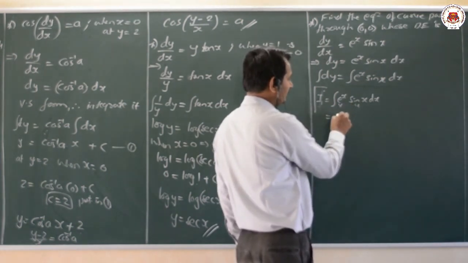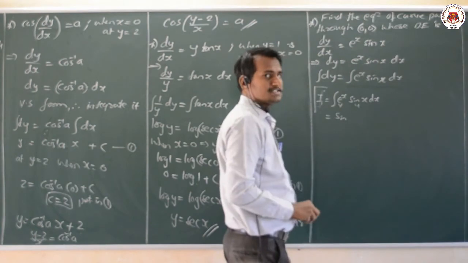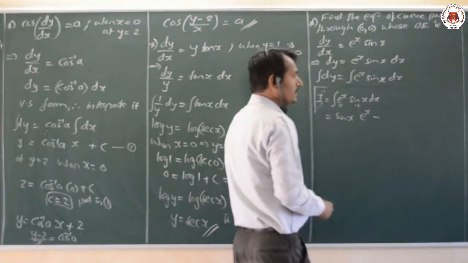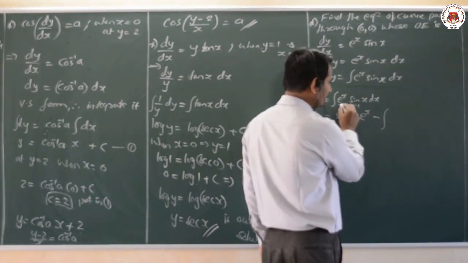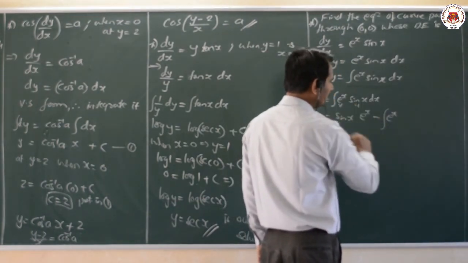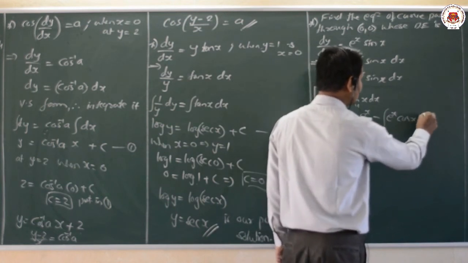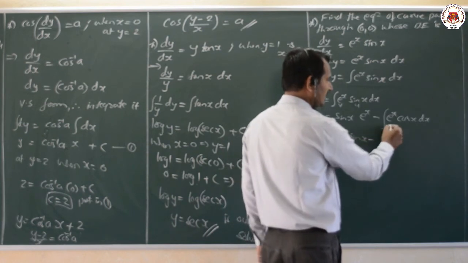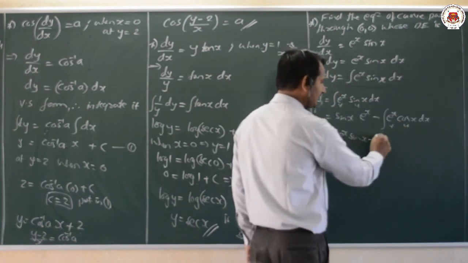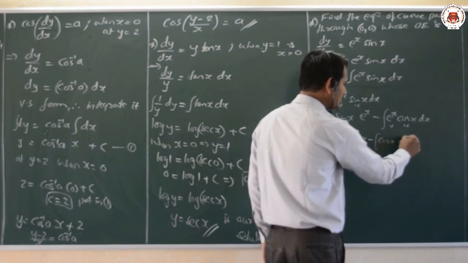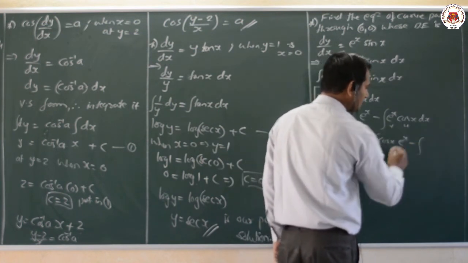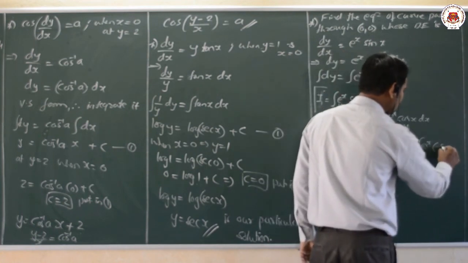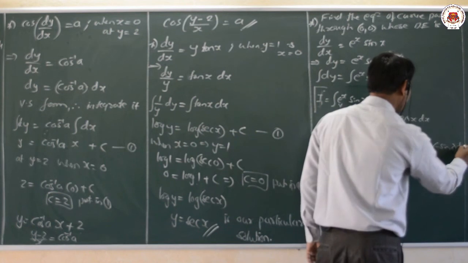I will take it as u and v, that is integrating by parts: sin x as it is, the integration of e raised to x is e raised to x only, minus the integral of e raised to x times the differentiation of sin x, which is cos x dx. Now this is equal to e raised to x into sin x, minus again integration by parts: cos x as it is, integration of e raised to x is e raised to x, minus the integral of e raised to x times the differentiation of cos x, which is minus sin x dx.